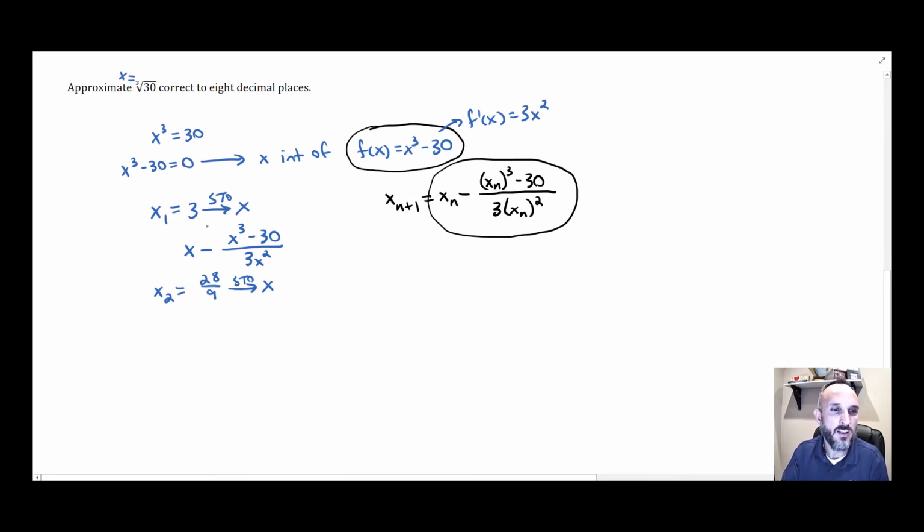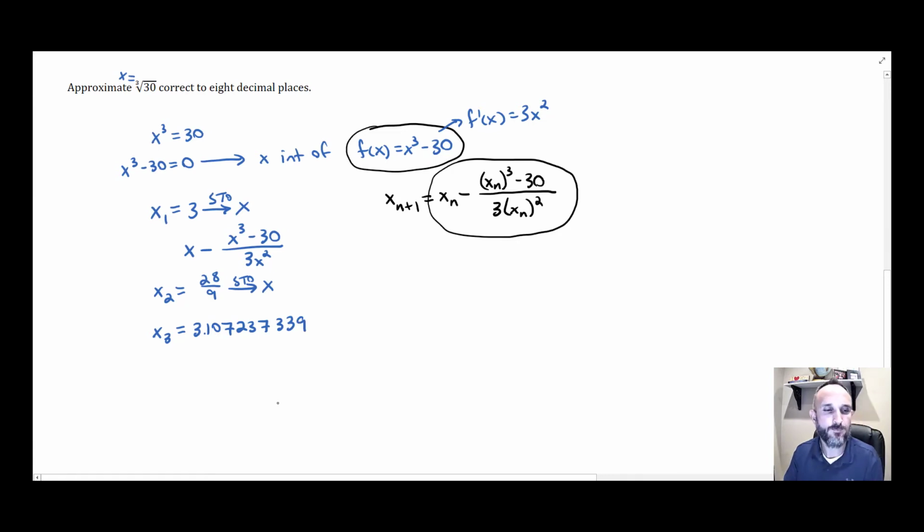Once you've got your 28/9, you're going to store that in for x, and then you're not going to retype this formula. You're just going to use your up arrow to go up, select it, and re-enter it, and hit enter, and you'll get your x sub 3, which is 3.107,237,339.